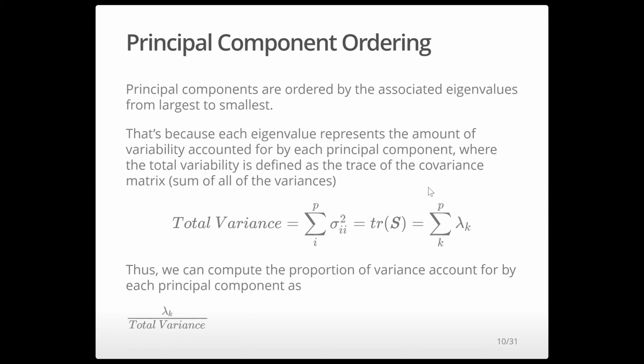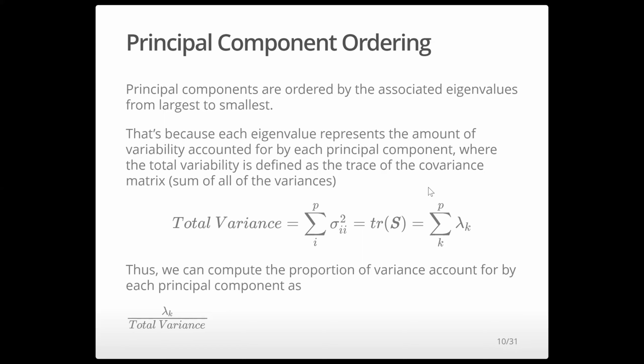And in fact, we can sum up all of the variances for each variable as the total variance in our data. So this would be the trace of the covariance matrix, and it is also equivalent to the sum of all of the eigenvalues of the covariance matrix.